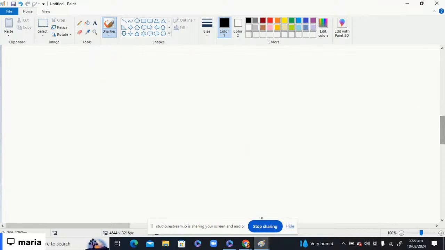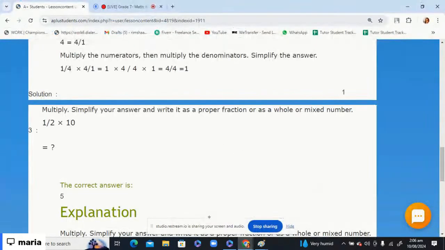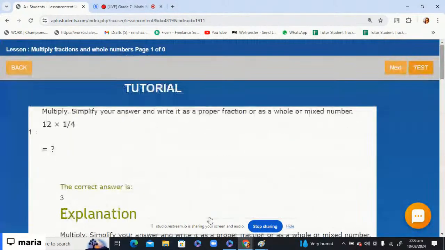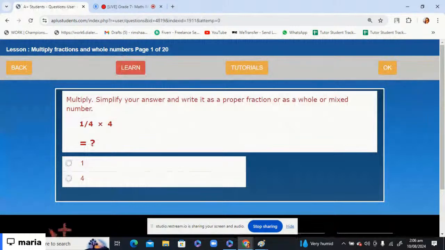Now let's solve some test questions. Okay, let's solve together. So multiply, simplify your answer and write it as a proper fraction or as a whole or mixed number. 1 by 4 times 4. So how can we solve 1 by 4 times 4?